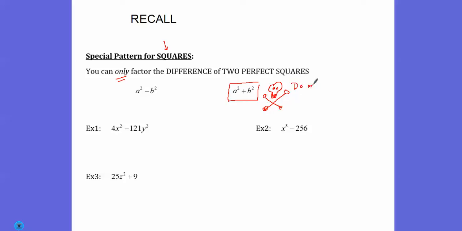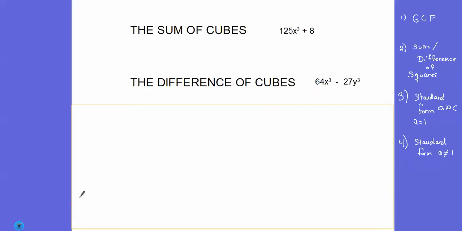Do not touch. They don't factor apart. The difference of squares absolutely does. However, when you're talking about sum of cubes and difference of cubes, they both come apart.